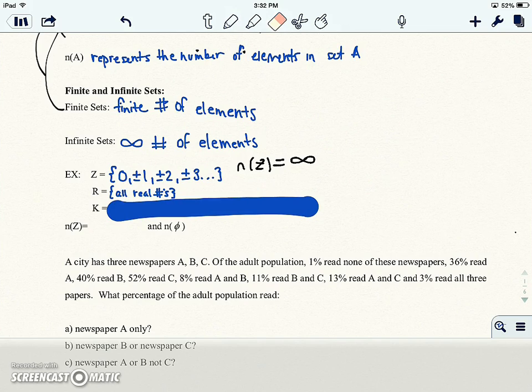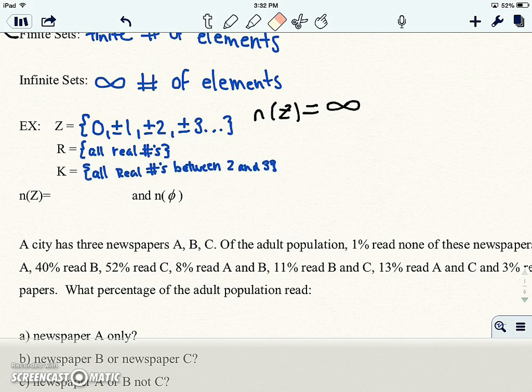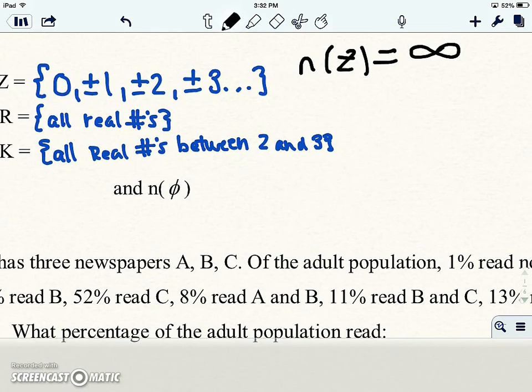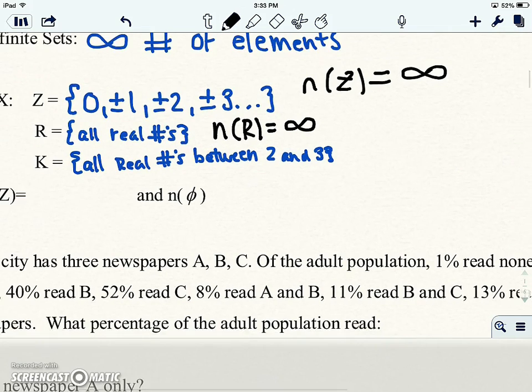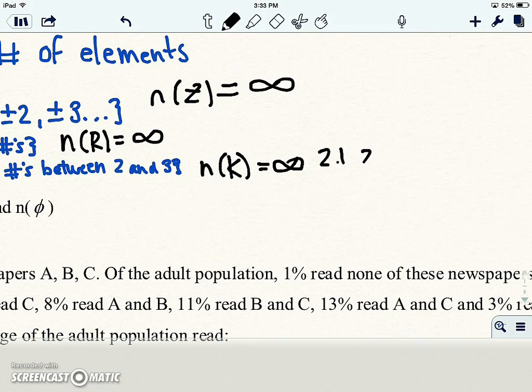For R, the number of elements in set R is also infinite. It's every single number out there that you could possibly write on a number line. And then this last one says all real numbers between 2 and 3, that's set K. Well, that's also infinite, because between 2 and 3 we have 2.1, 2.2, 2.3, 2.33.